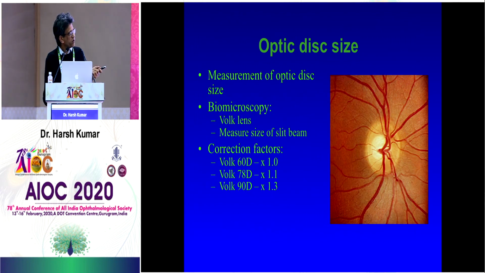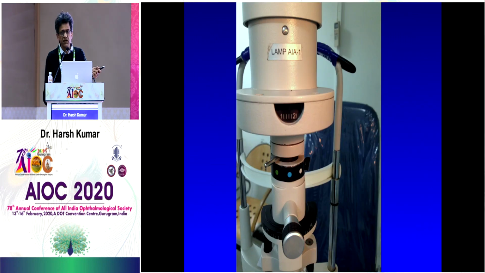Or what you can do is, if you have a 90D or whatever you have, you can take the multiplication factor and then check the size with a slit lamp. All of you will be sitting on a slit lamp. Measure the size from this area which is shown here. You make the beam wide and small, and wherever it focuses, multiply by 1.3 if you are using a 90D, and then you'll get the exact size.